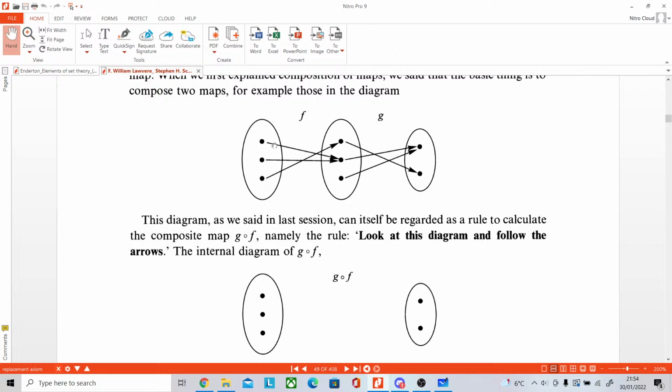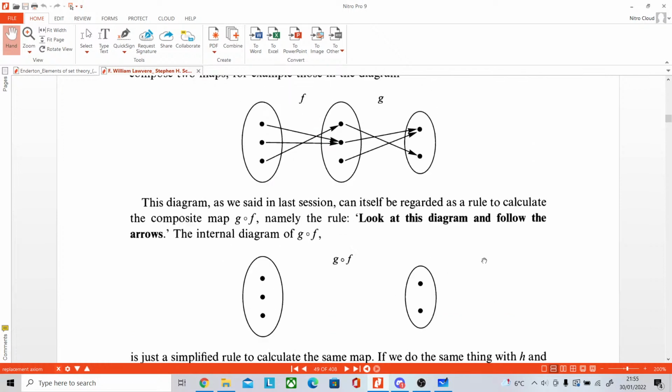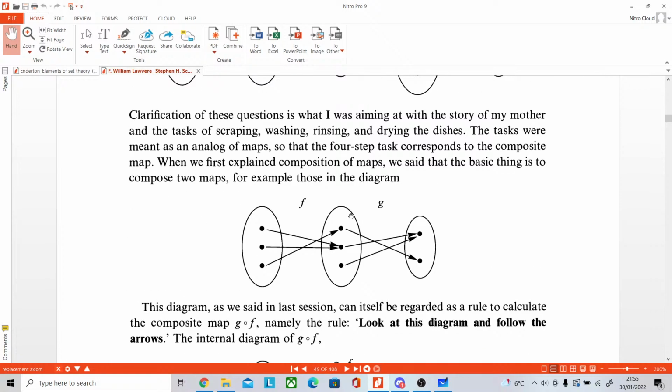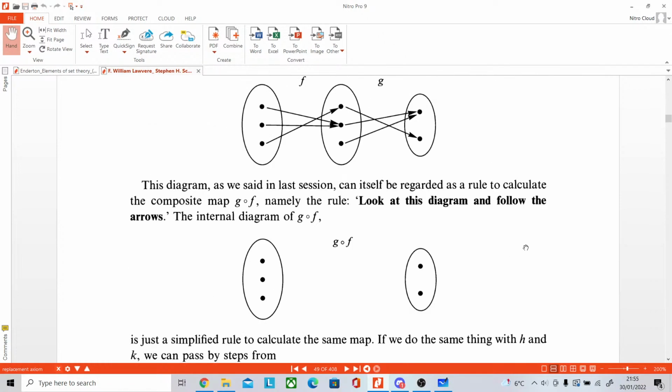Right? We can look at this diagram, and from this diagram, we can construct the composite map just by following the arrows. And we can do the same thing with H and K. Right? And then we get HK.